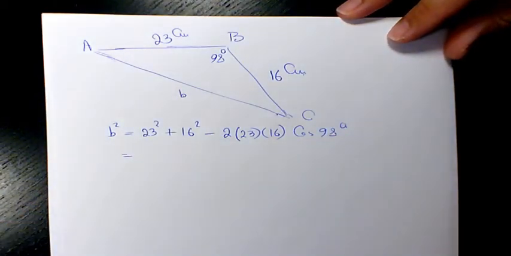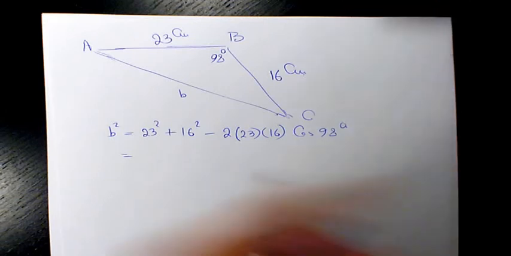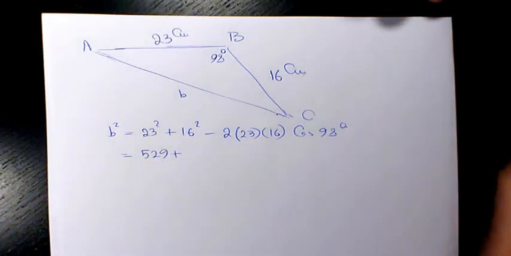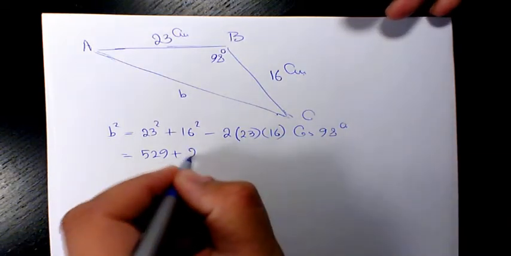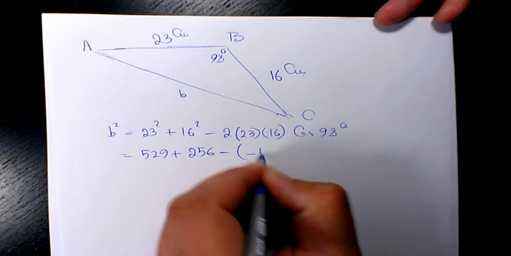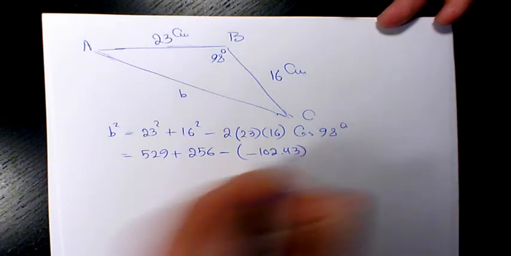So 23 squared is going to be 529. 16 squared is going to be 256. 2 times 23 times 16 times cosine 98 is going to be negative 102.43.